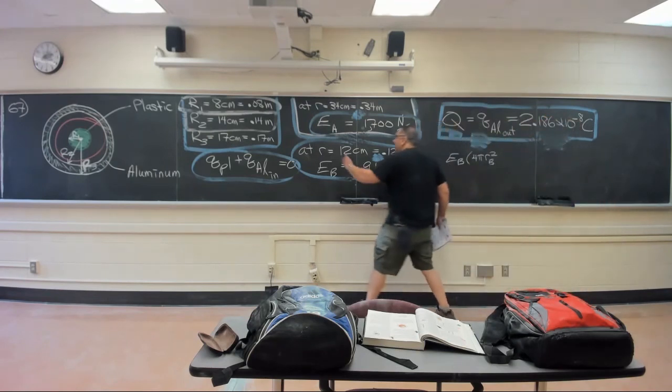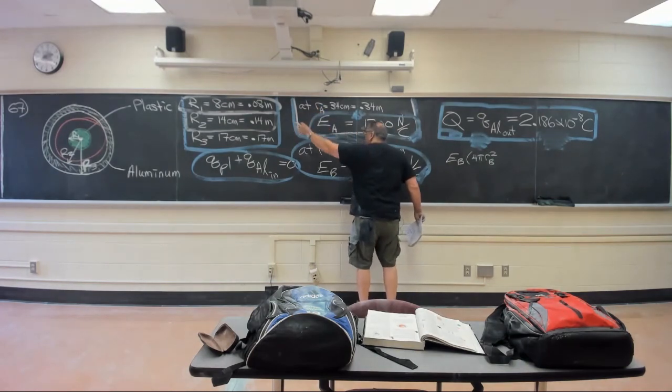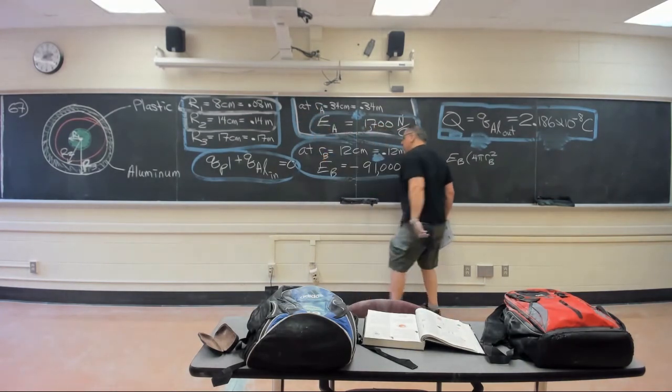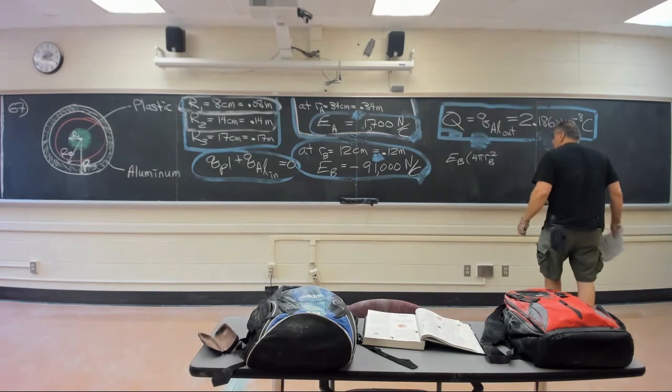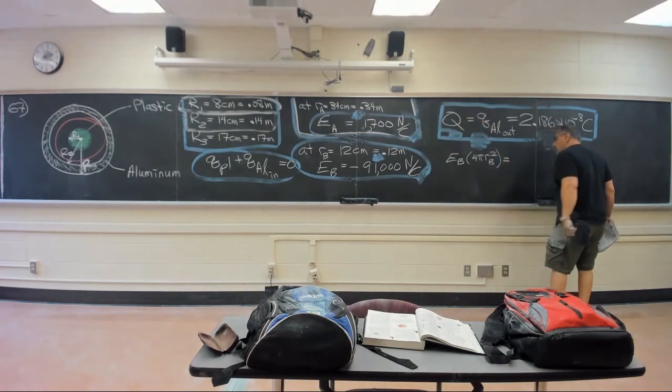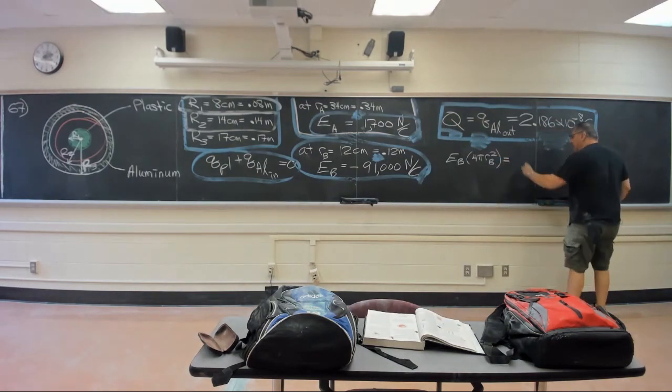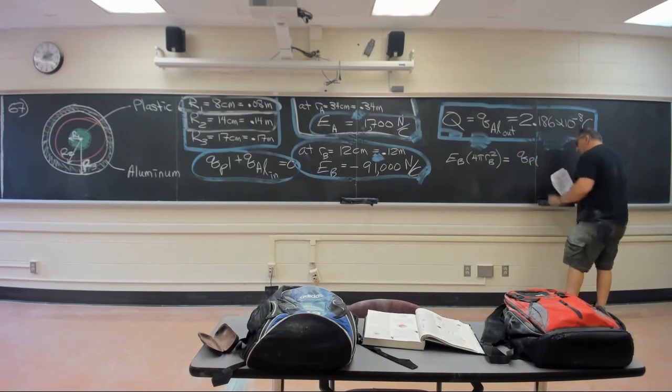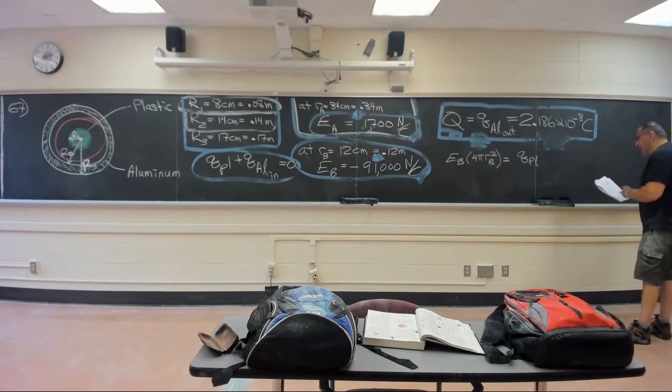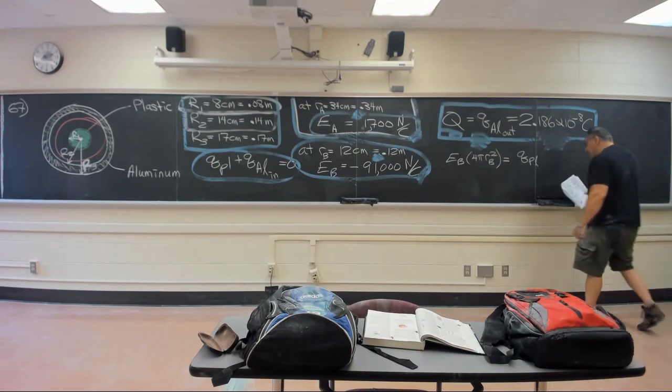This was kind of like the R sub A, so to speak, and this can be the R sub B, is equal to Q on the plastic. The Gaussian surface contains nothing but the plastic. Nothing but the Q that's on the plastic.